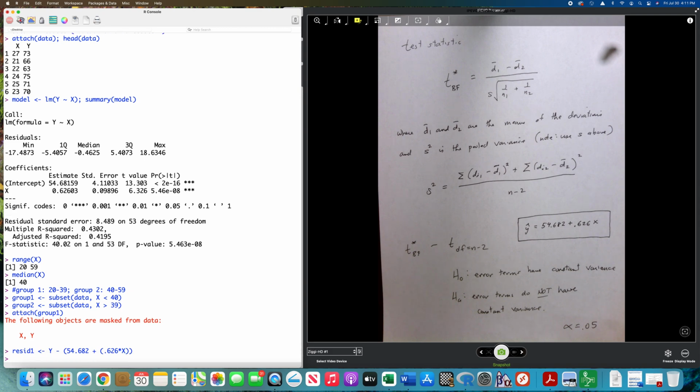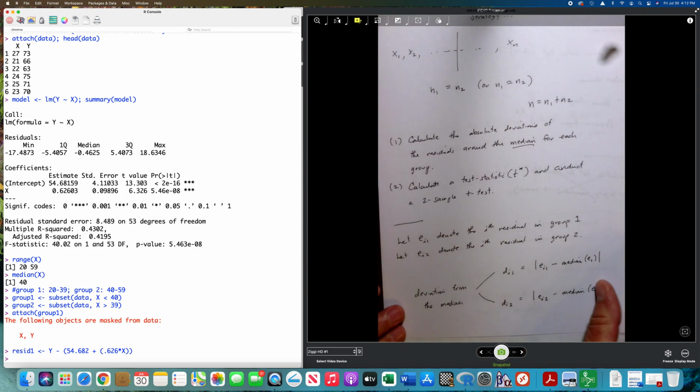All right. So now, if we go back, the first thing we need to do is create our deviations. So I'm going to create this as a DI1, and I'm going to do the absolute value of the residuals minus the median of the residuals.